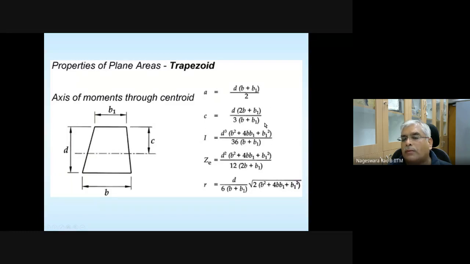Please take a note of it, and the rest of the things you can ignore. If you want, you can take a note of this area: small a is nothing but the area of the trapezoid here.